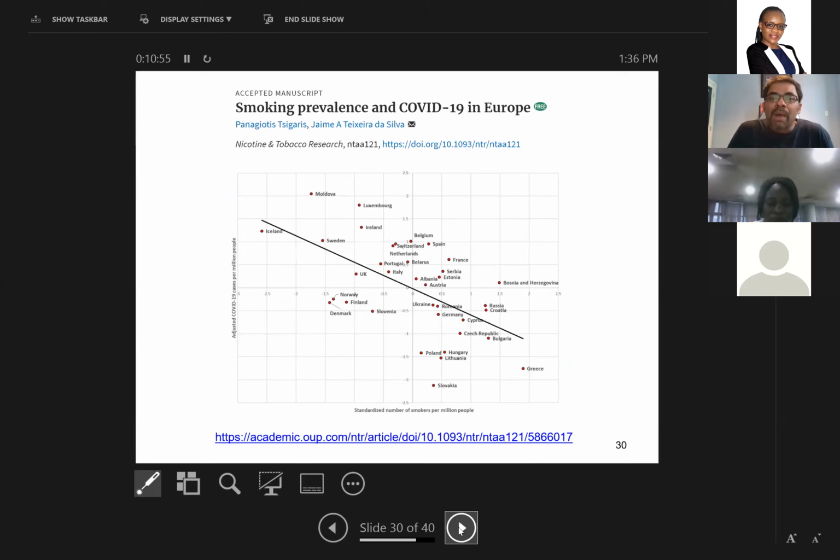That somehow the higher the smoking rates, the lower the number of COVID cases, because smoking is dangerous from every single study anybody has ever done for a whole bunch of diseases. So if you're going to suddenly say that smoking protects against COVID, that's a huge statement to make. And I would never make that from an ecological study, right? This could well be confounding by something else that's not looked at.